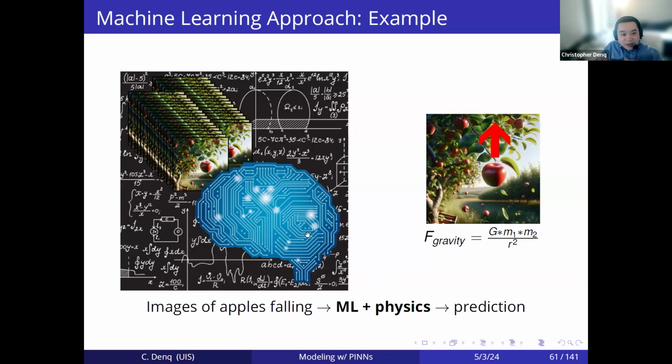So this is where a PINNs model seems to do much better, right? The PINNs model is going to give this machine learning part access to those same physical laws that we as humans understand. And when a machine learning model makes a prediction, in this case, the apple falls up, it will not only compare it with the data, but it will also compare it to that physics law, right?